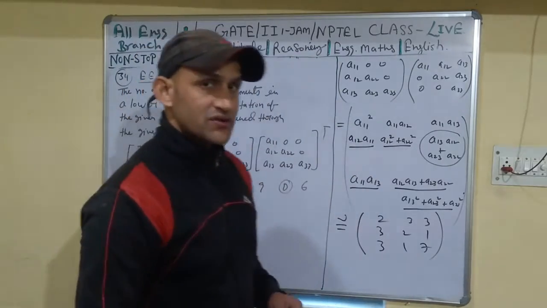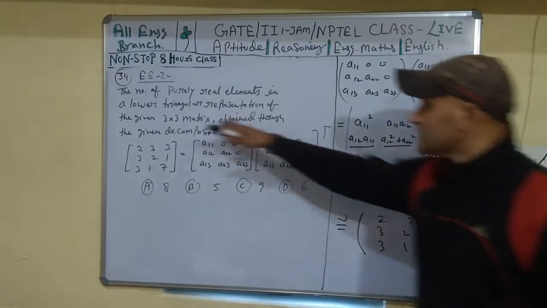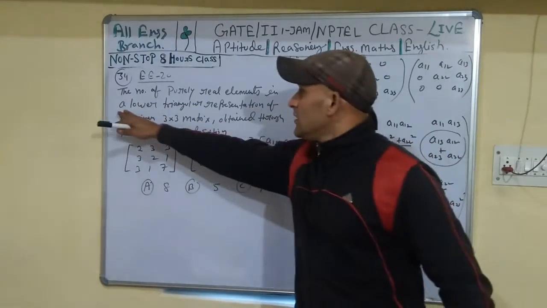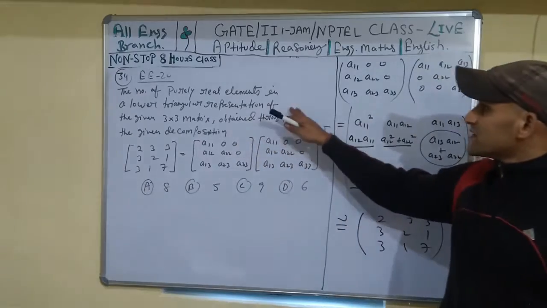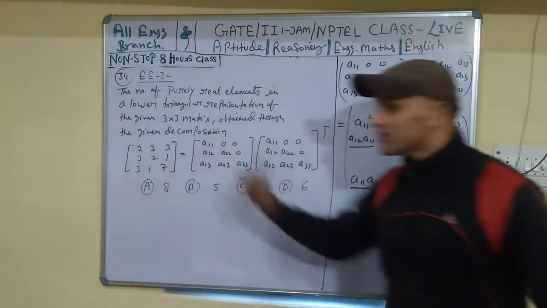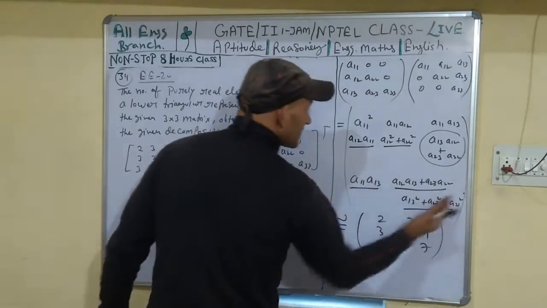Why is this a wrong question? After decomposition, they have not asked the number of purely real elements in the lower triangular matrix representation of the given 3 into 3 matrix obtained through the given decomposition. If you decompose, then you will get this one.